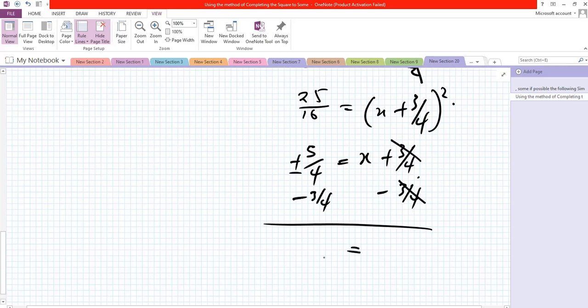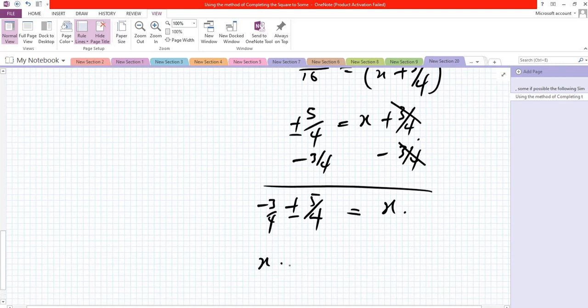Now you have x equal to minus 3 over 4 plus or minus 5 over 4. So x will now be equal to minus 2 or 1 over 2. So this now, while this minus 2 here, you have minus 3 minus 5.